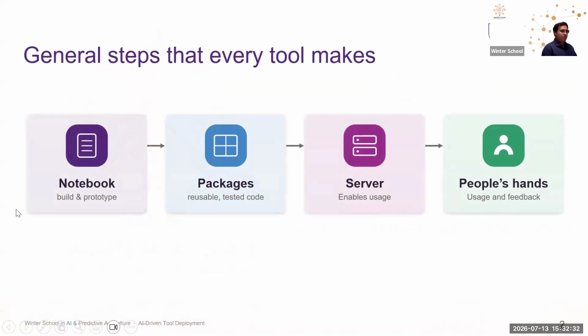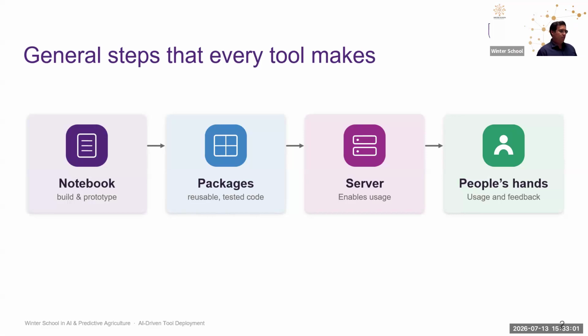The general steps that every tool makes, and again, this is any tool, it doesn't need to be an AI tool, are notebook, packages, server, and then it goes into people's hands. If you have deployed tools or used coding tools, you have maybe seen these steps a few times. With notebook, I'm referring to things like Jupyter Notebooks or a Python script or an R script.